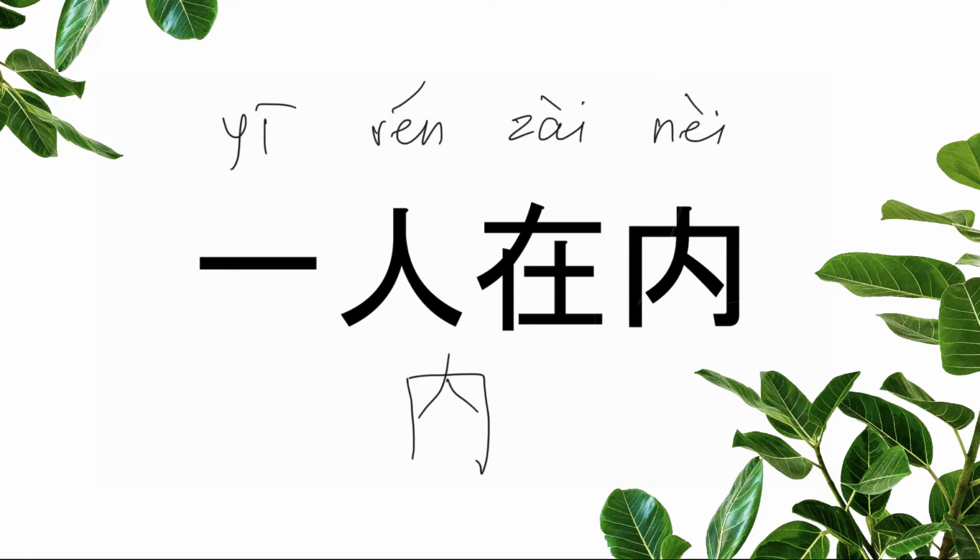I am so sorry for my atrocious handwriting. It's been years since I wrote a character by hand, so I am really sorry it's this ugly. So if we add another 人, if we add another person inside of 内, we're gonna get character 肉, which means meat. So this is the answer.